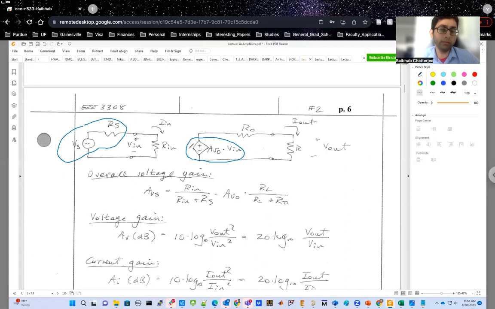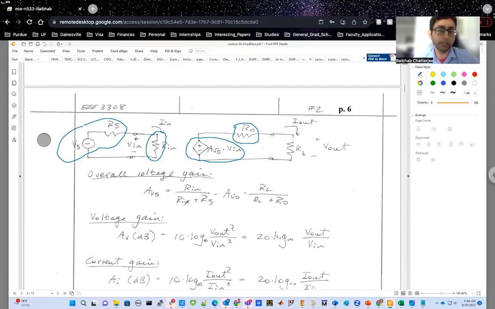And at the same time, your amplifier also has a non-ideality at its input, that it does not have an infinite input impedance. Instead, it has a finite input impedance of Rin. Similarly, it has a finite output impedance of Ro. And then at the output side, you have connected a load resistance RL.